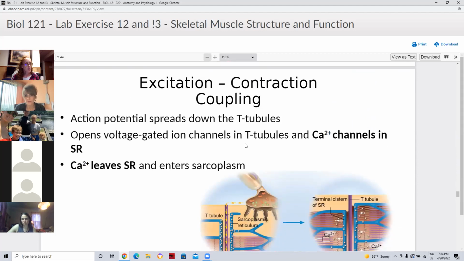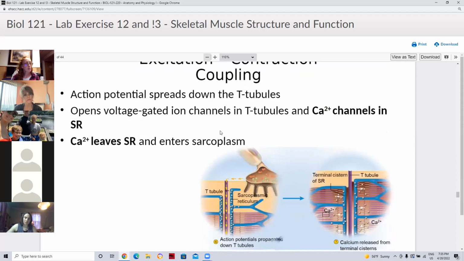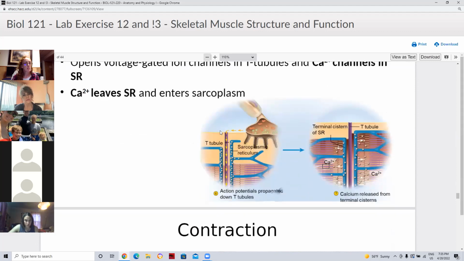The action potentials are going to spread down the T-tubules, opening voltage-gated ion channels in the T-tubules and calcium channels in the sarcoplasmic reticulum. So calcium leaves the sarcoplasmic reticulum and enters the sarcoplasm.